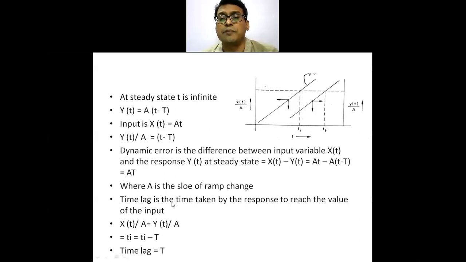Now what will be the time lag? The initial time Ti to attain the same value, as shown in the figure, the input requires Ti time and the output requires Tf time. So the input Ti and Tf is nothing but t minus tau.